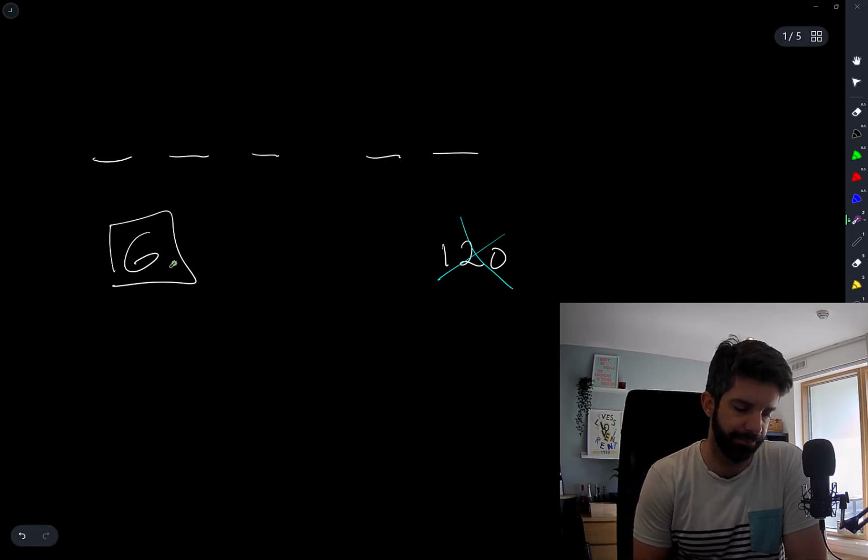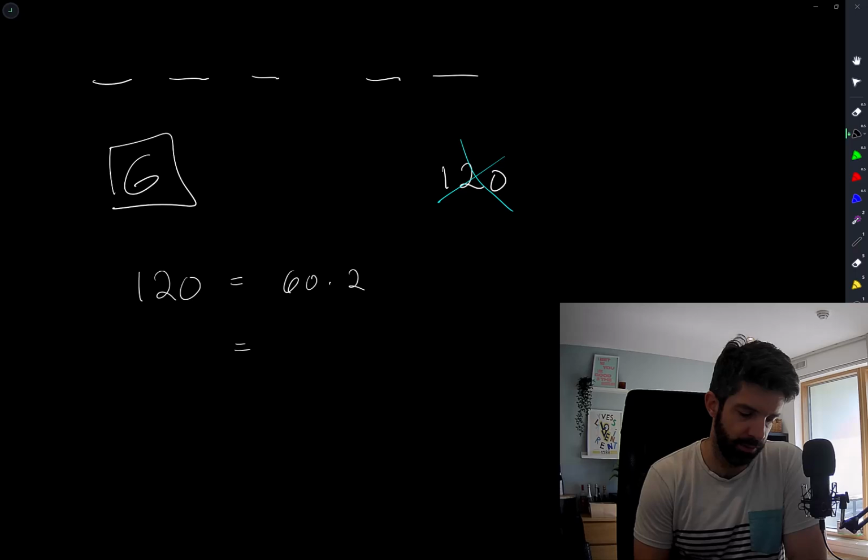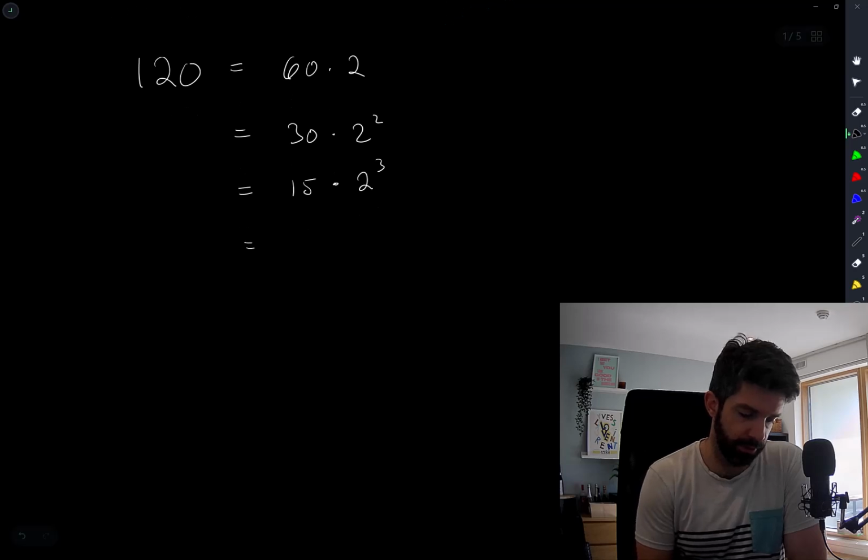But I mean, 120, if I write out the factorization of this, is 60 times 2, which is 30 times 2 squared, which is 15 times 2 cubed, so that's 2 cubed times 3 times 5.